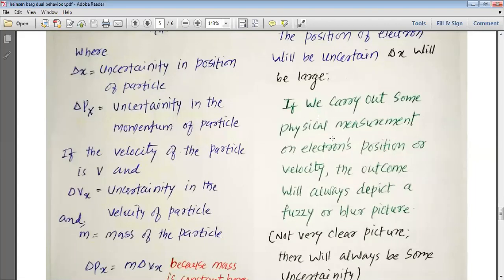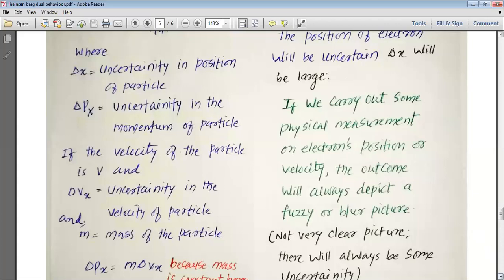If we carry out some physical measurement on an electron's position or velocity, the outcome will always depict a fuzzy or blurred picture. My dear students, this sentence needs to be understood. Whenever we want to determine the velocity as well as the position of the electron, and if we want to take a picture of the electron, the picture will not always be very clear, because we are not able to determine the position as well as the velocity exactly.